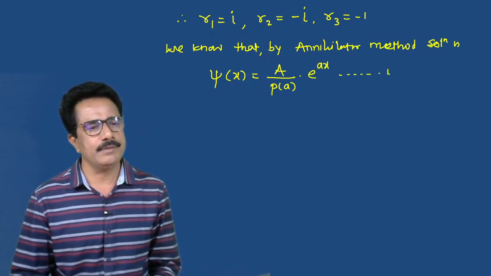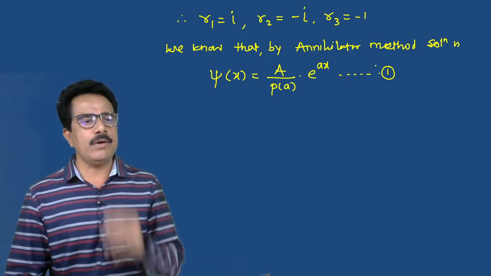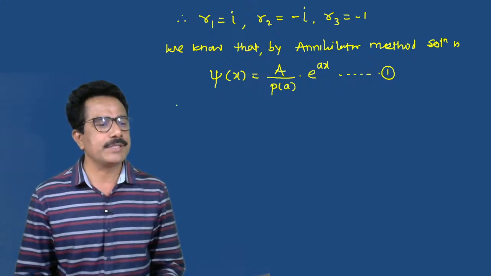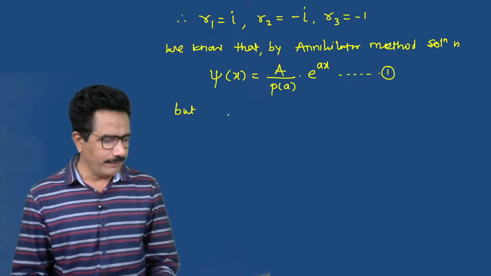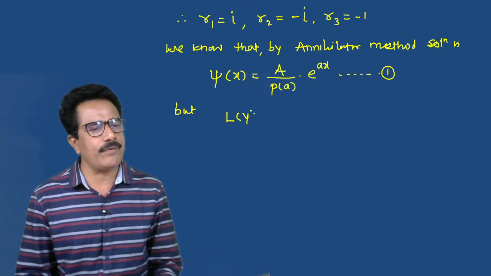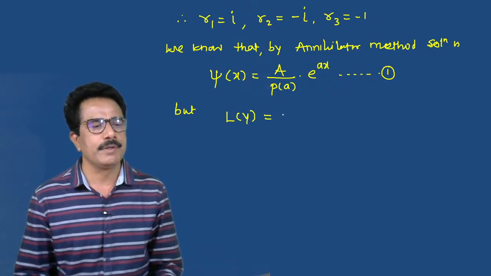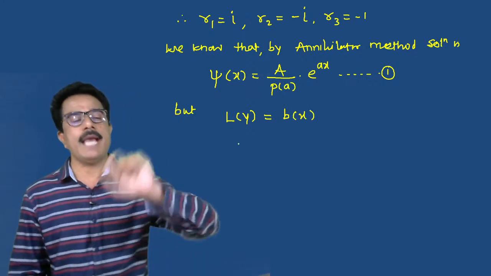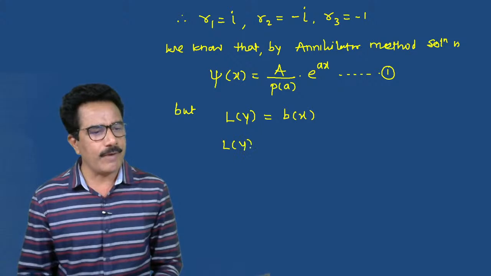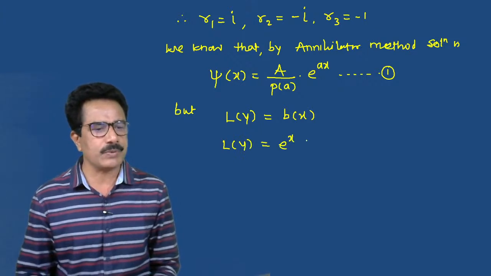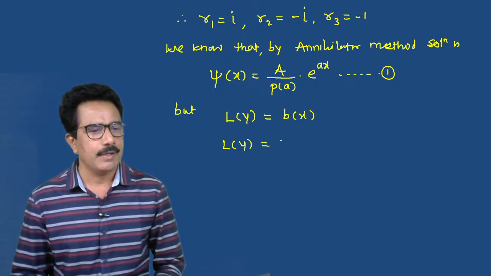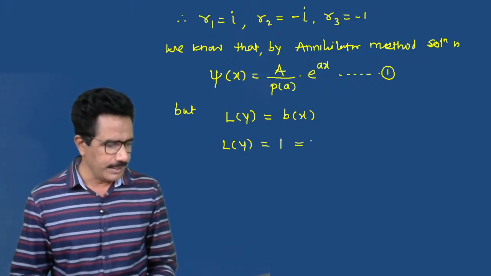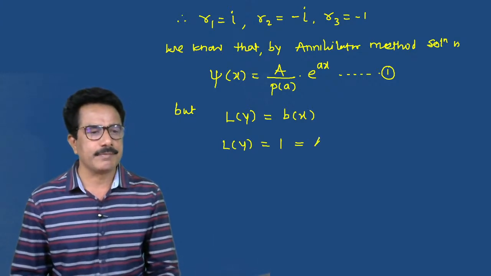Suppose this is 1. Now here, e raised to ax, but the given differential equation is L of y equals b of x, meaning L of y equals e raised to x, sorry, 1, which is a form of A into e raised to x.